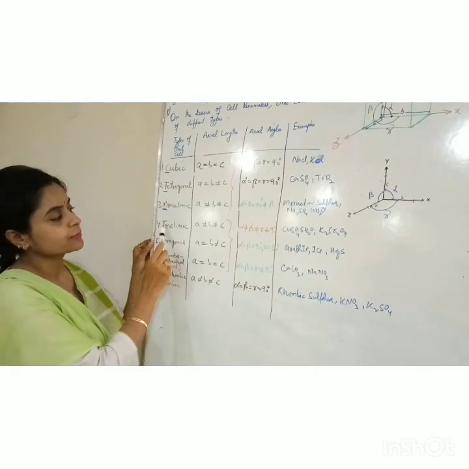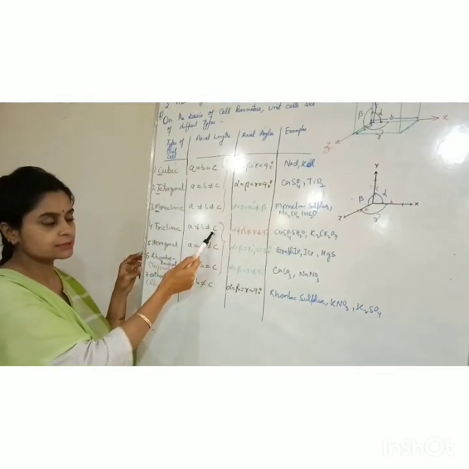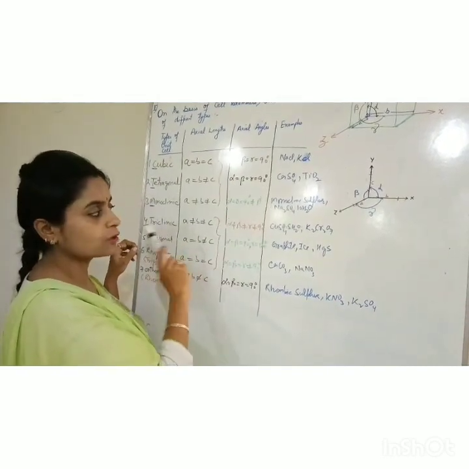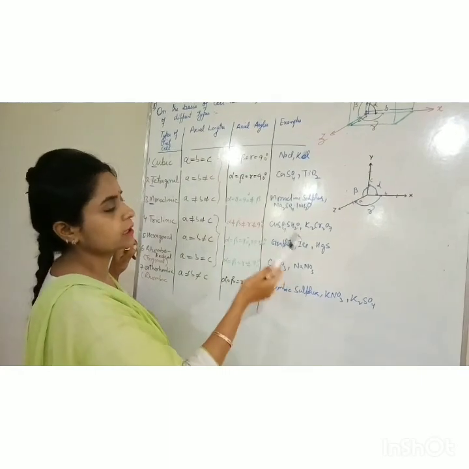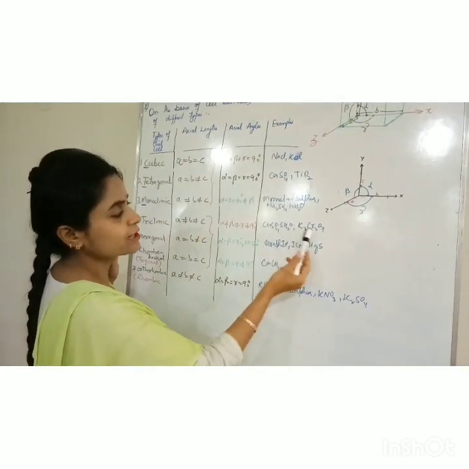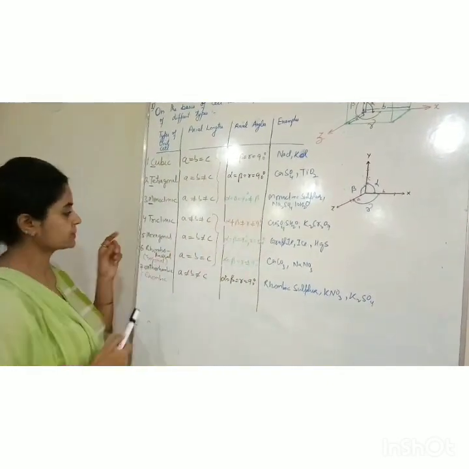Then triclinic. In this case, A is not equal to B is not equal to C. Similarly, axial angles alpha, beta, gamma are not equal and they are not equal to 90 degrees. They are either less than 90 degrees or more than 90 degrees. Its common examples are potassium dichromate and pentahydrate copper sulfate, that is hydrated copper sulfate.